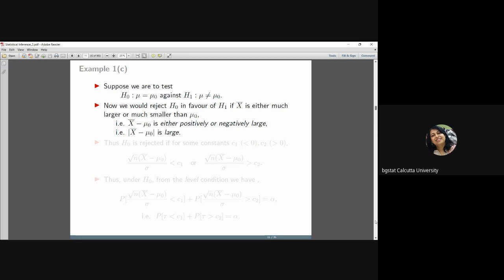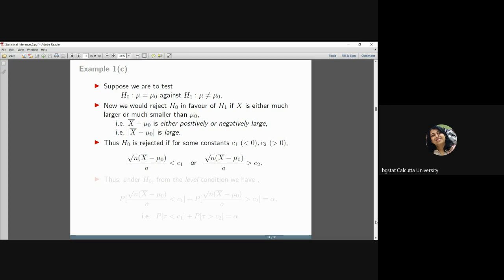For this two-sided alternative, again, we look at the difference, x bar minus mu naught, which is the value under the null. Now, if the alternative is correct, we can either get this value to have a very large positive value or to be a very small negative value. So it can be large in either direction. The more you go away from mu naught, the more likely this kind of a value is under the alternative.